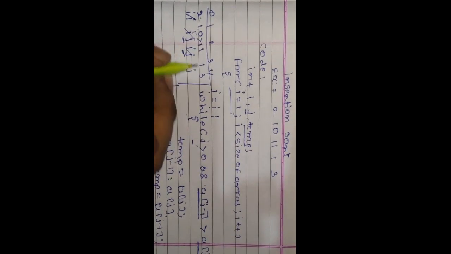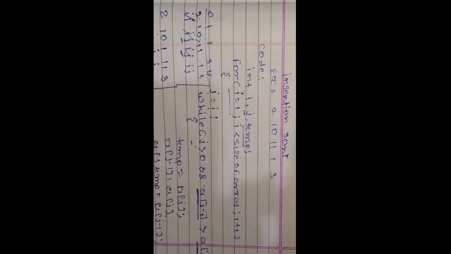Now we again check whether it is greater than. Yes, it's greater. So now we swap the values. After swapping, the array is 2, 1, 11, 3. Now j decreases by 1. Now we again check the previous value is greater than, yes, it's greater than 1. So we again swap the values: 1, 10, 11, 3.